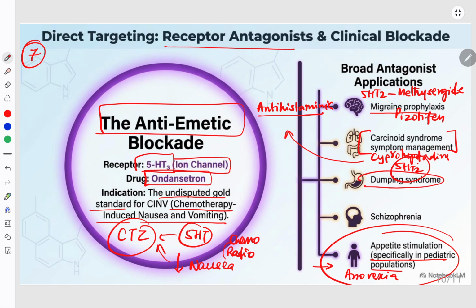Dumping syndrome can be treated by either a 5-HT3 antagonist, that is ondansetron, or with a 5-HT2 antagonist, cyproheptadine.